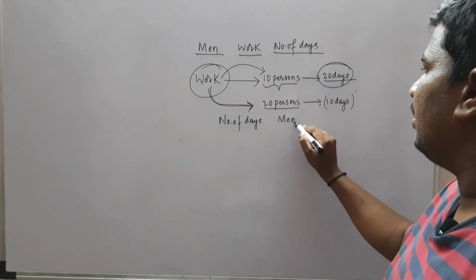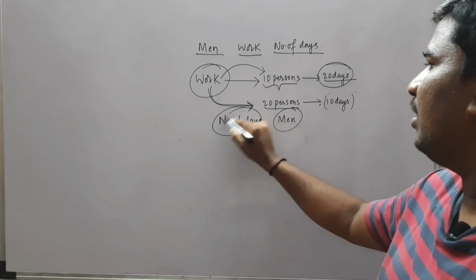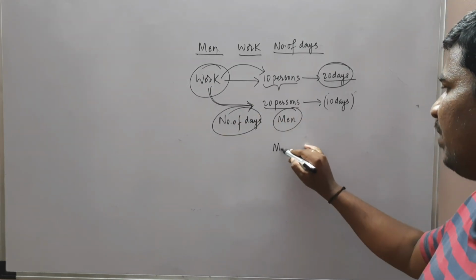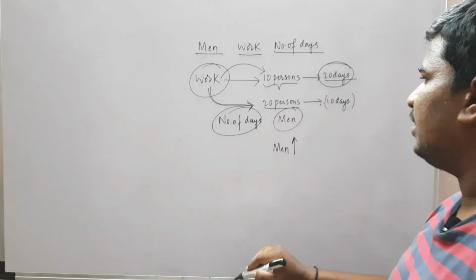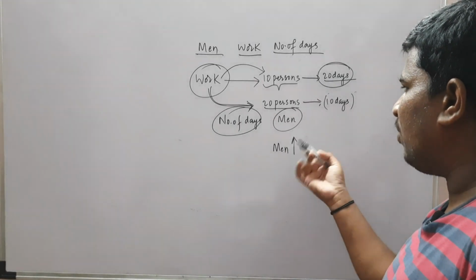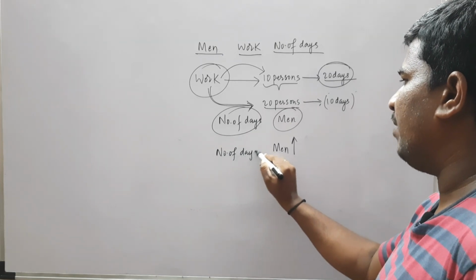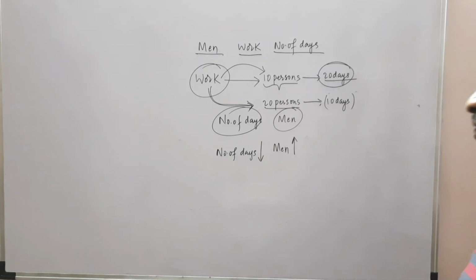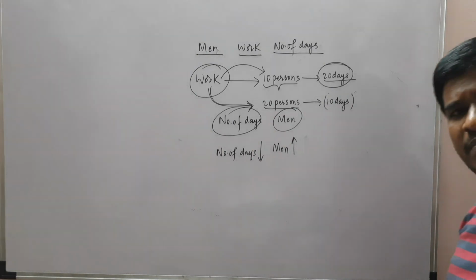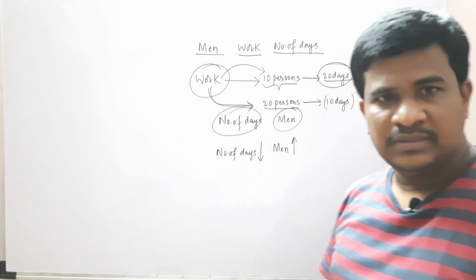So here the number of days and men. Okay. So if number of men is increased, number of days in which work will be completed will be decreased. Okay. So what is independent? What is dependent?